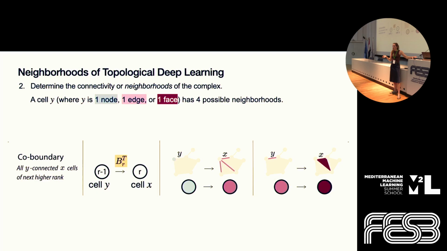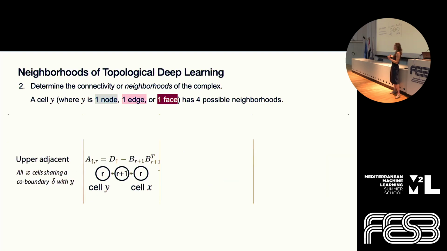Now we're going to use our Lego block, the boundary, to define our adjacency. The first one, which is what we did earlier on the graph, is what we call the upper adjacency. It is connecting cells through upper ranks. So it is connecting nodes through the edges between them.